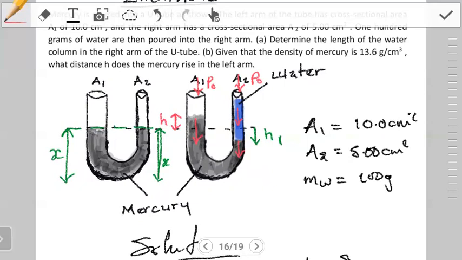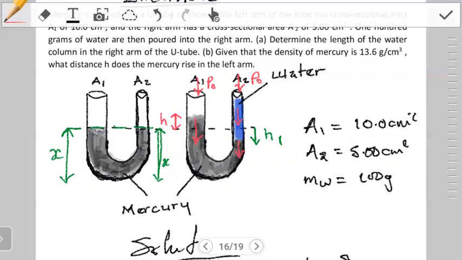Or you can say, since this is in equilibrium, as in fluids at rest, you can just start from this side and start going down. If you're going in the same direction as your arrow, positive; when you find an arrow in the opposite direction, negative, and then equate to 0.